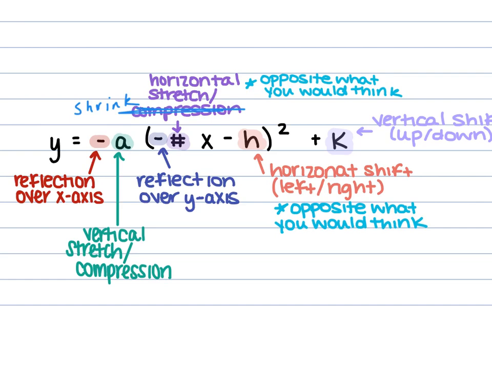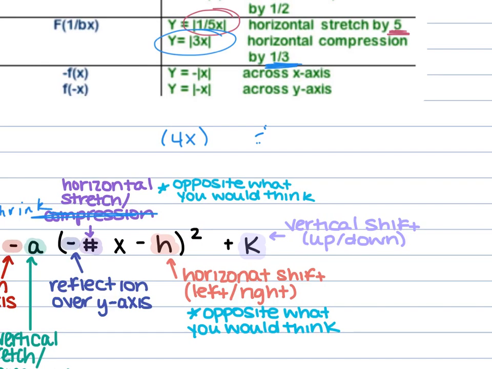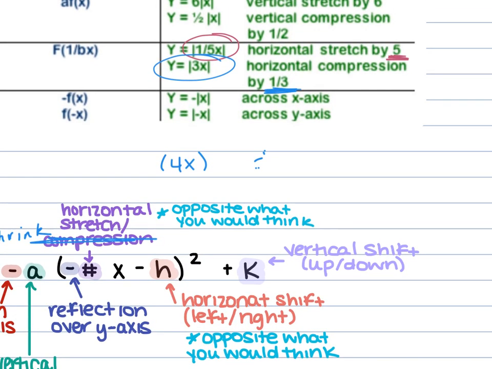So if it was a number like 4 that gets multiplied to x on the inside of our parentheses, this would be a shrink of 1/4.